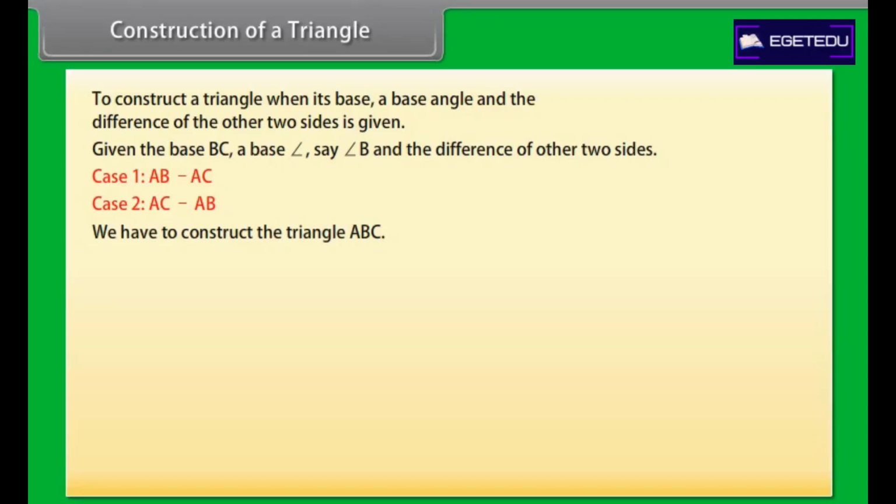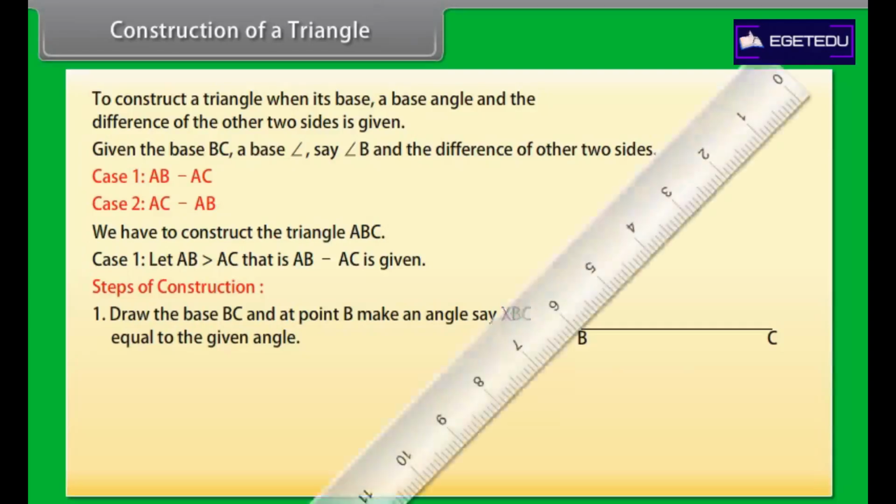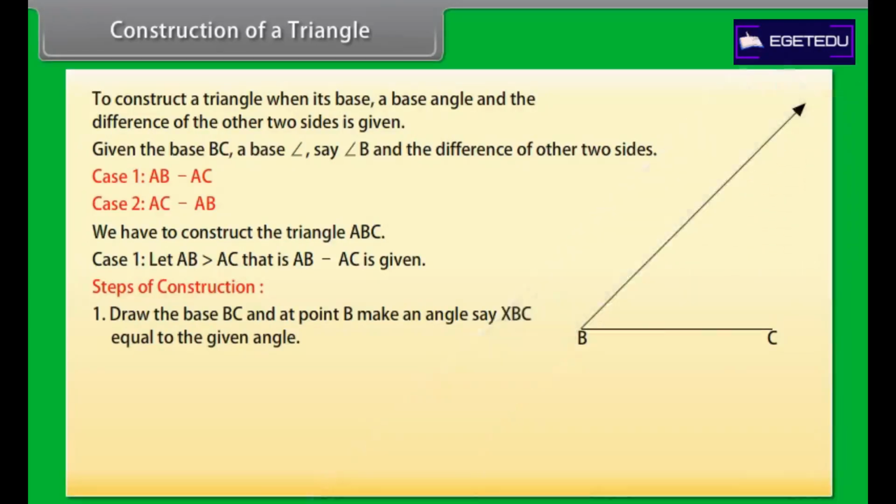Let's first construct the triangle using case first, when AB is greater than AC, that is, AB minus AC is given. Steps of construction. First of all, draw the base BC and at point B, make an angle, say XBC, equal to the given angle.